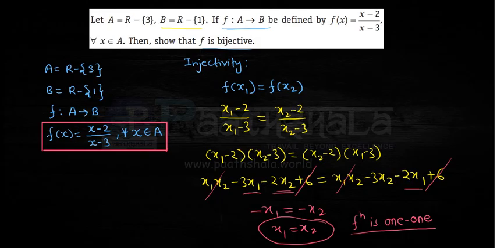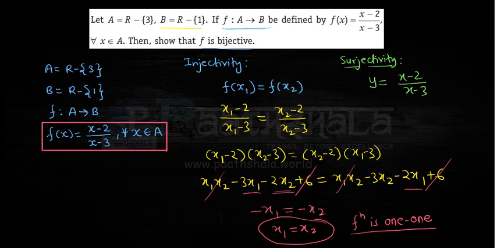Now let's check surjectivity. Surjectivity means we need to check whether the function is onto or not. So for that, consider f(x) equals y. So y equals (x - 2)/(x - 3), and convert this equation to x equals something.